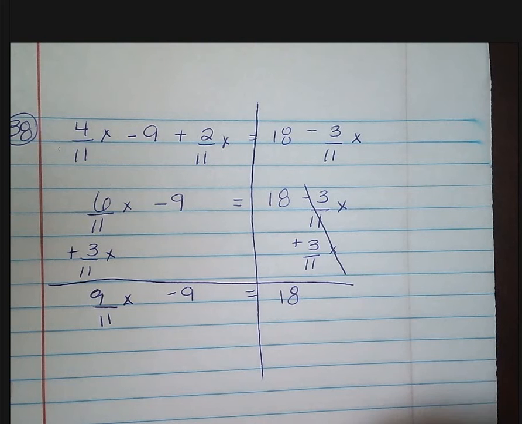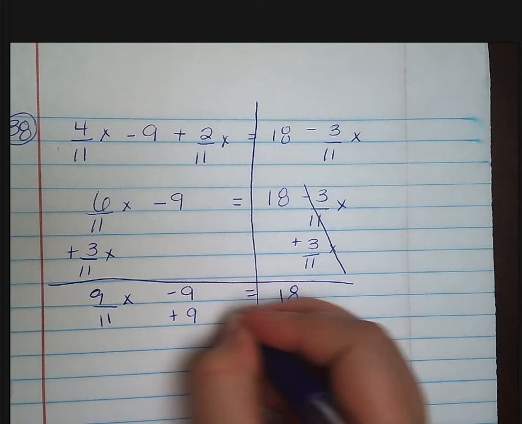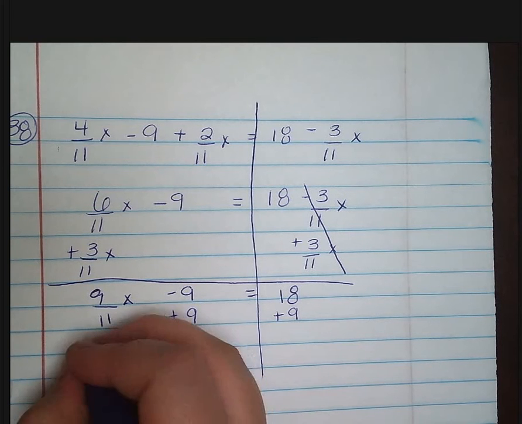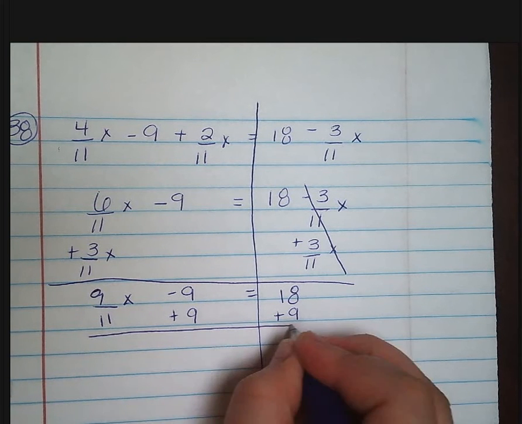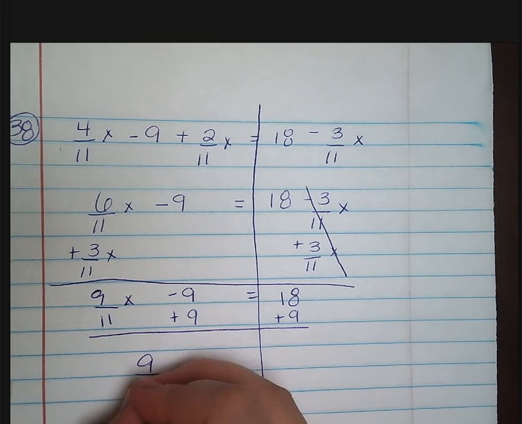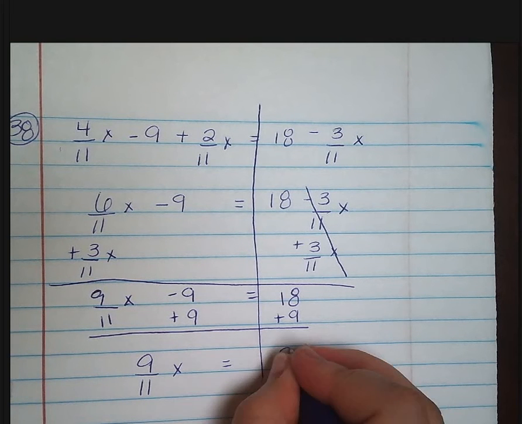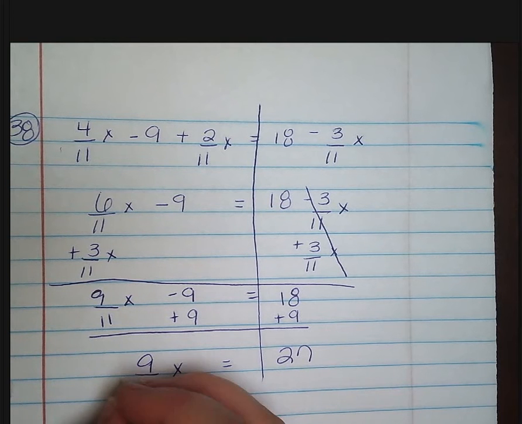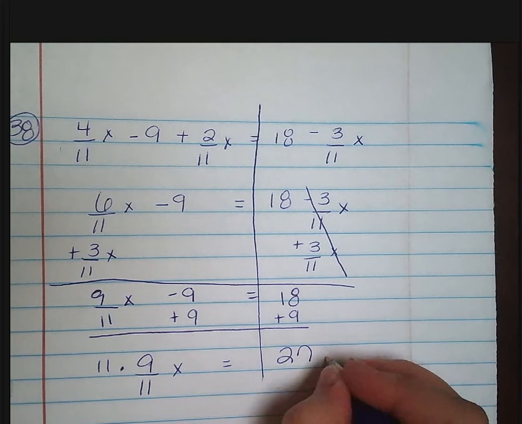So now we're going to add 9 to both sides to get 9 over 11x equals 27. Multiply both sides by 11.